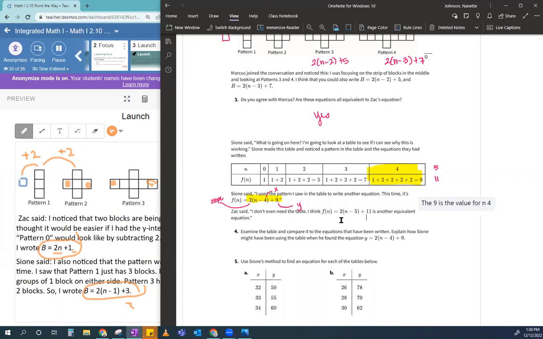Very good. 5 is your n or 5 is your x. Good job. So there's my 5 right there. And where's my 11? Very good. 11 is my y, or 11 is my f of n, whatever you want to call it. Does that make sense? Okay. So we're all comfortable with this.